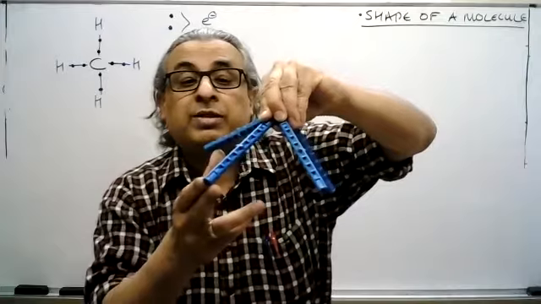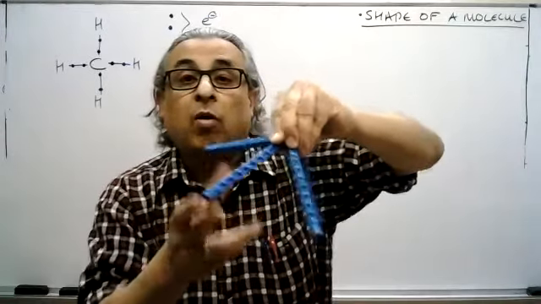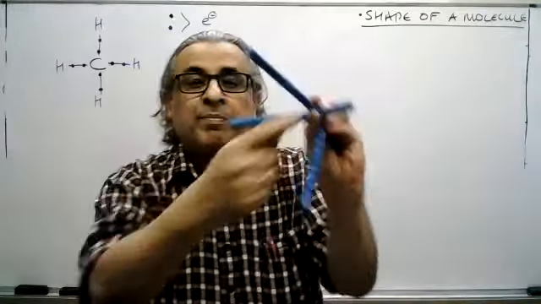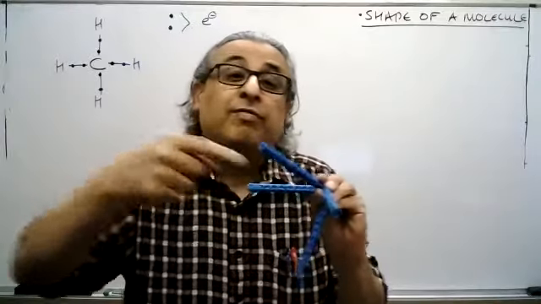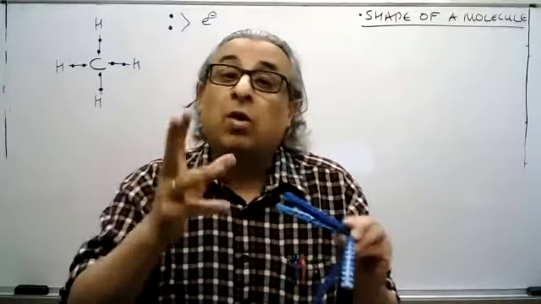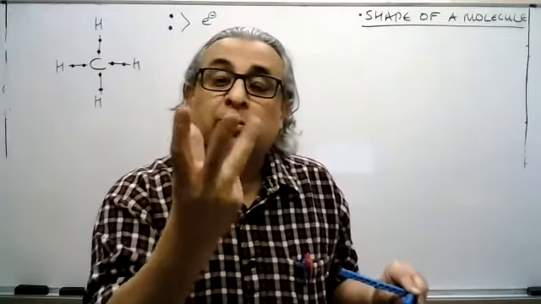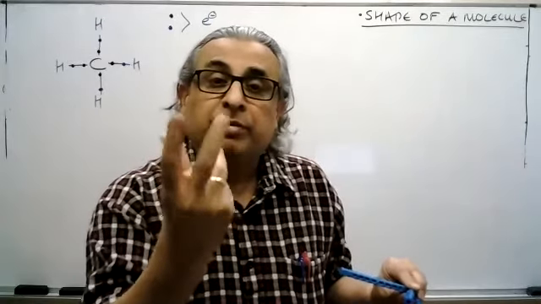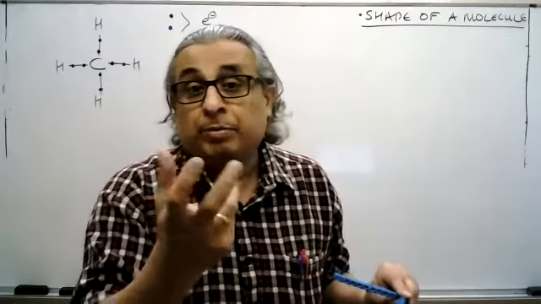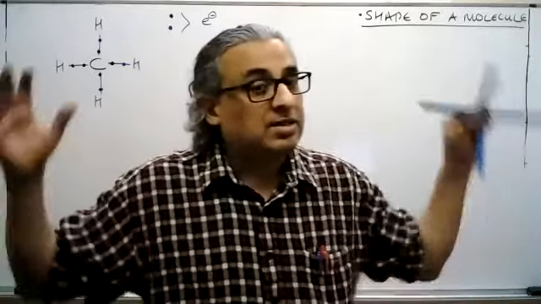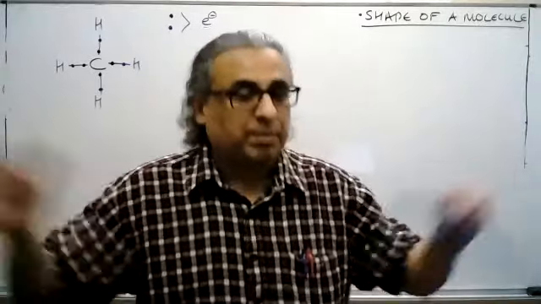I'm sure there is a better way you can organize 4 sticks connected to the center so that they are farthest away from each other. That's the shape that the bar magnet contraption would adopt, a three-dimensional shape, to be farthest away from each other. That's the happiest shape, right?